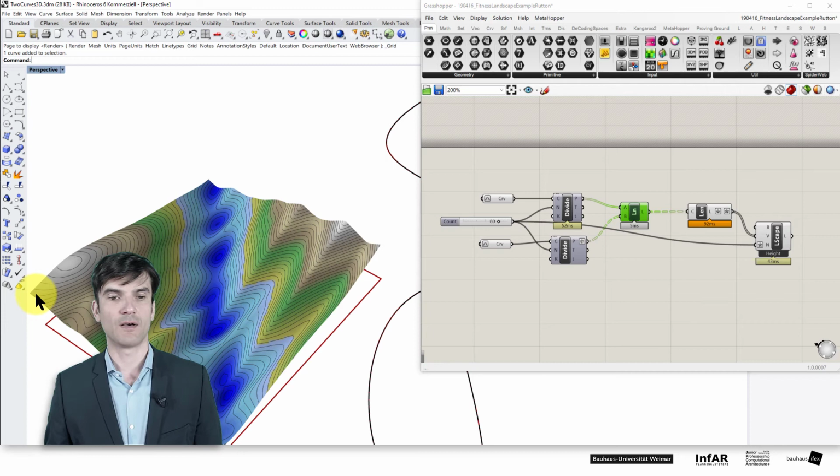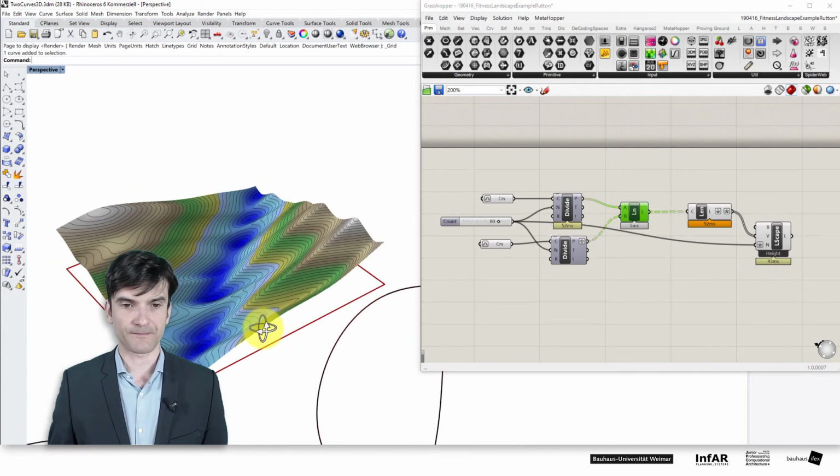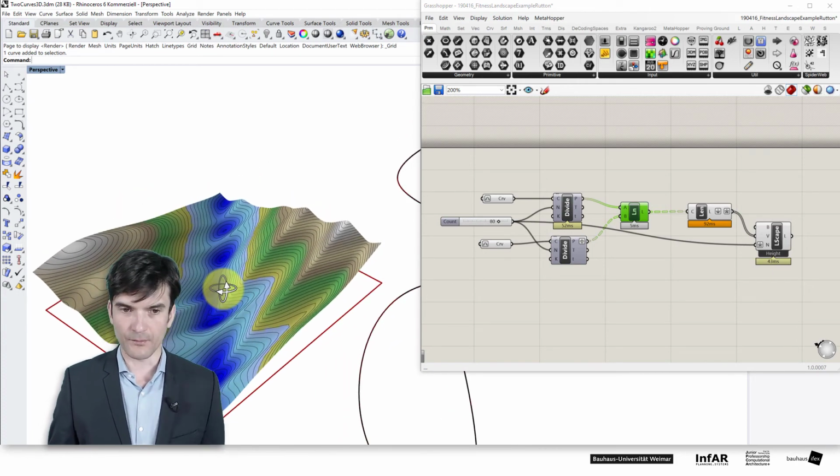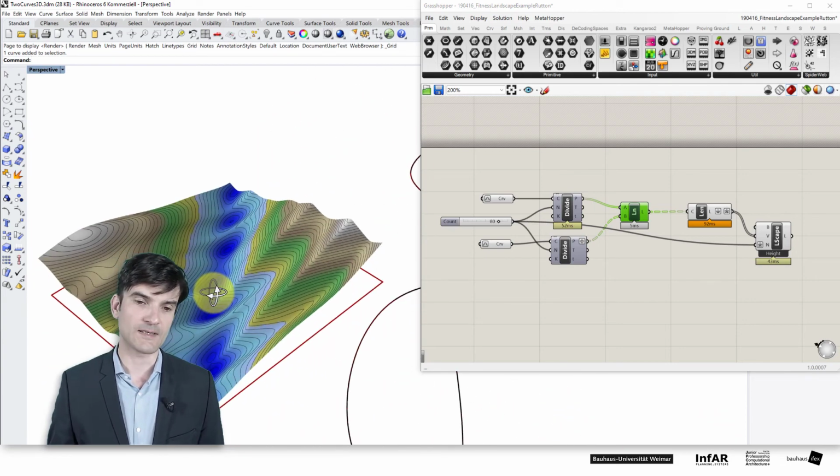So here we map all the possible distances, kind of a distance matrix for all distances of the points that we created on the lines. And now we look at it just to understand the idea of a fitness landscape.